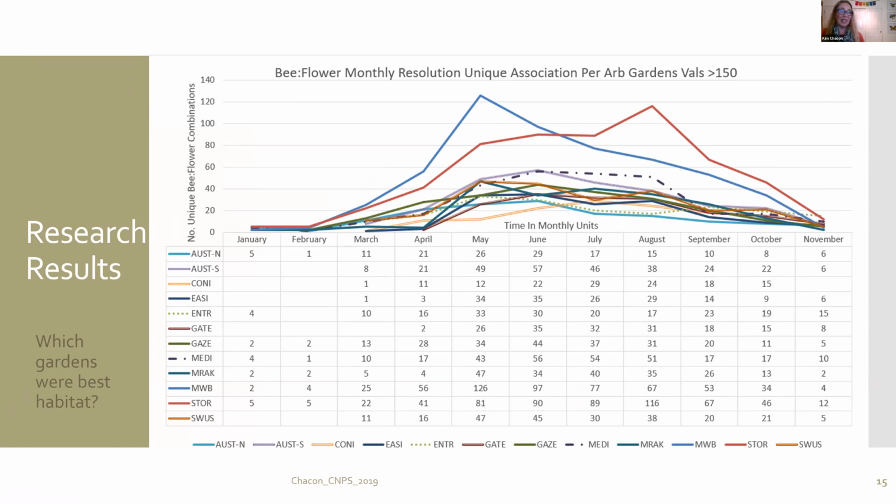And it created this interesting kind of situation where we could test each individual garden and its ability to support bees ecologically. And it was very different in how the various gardens worked. I know you guys cannot read all of these lines, and that is fine. I'm going to show you the most important part of this on the next slide. But as you can see, do you see how there's a bunch of them bunched at the bottom, and then there's two that peak above? We're going to look at the two that peak above.